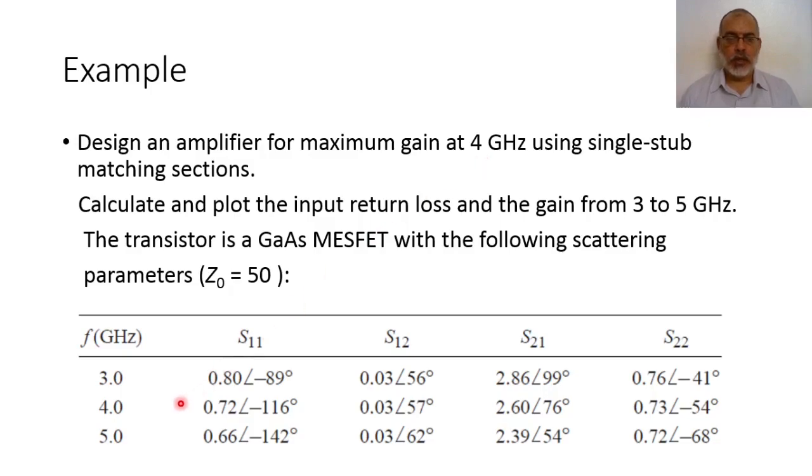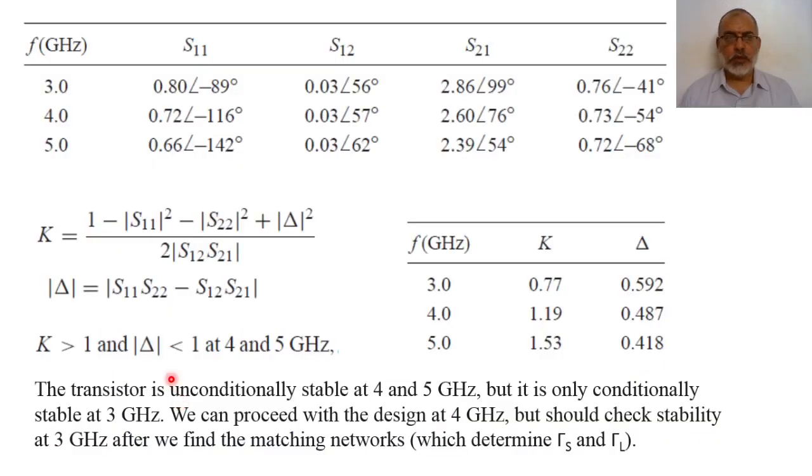So at the beginning, we are going to check the stability of this transistor. According to the S parameters, we are going to calculate the value of K and delta, where K is 1 minus |S11| squared minus |S22| squared plus |delta| squared over 2 |S12 S21|. And delta is S11 S22 minus S12 S21.